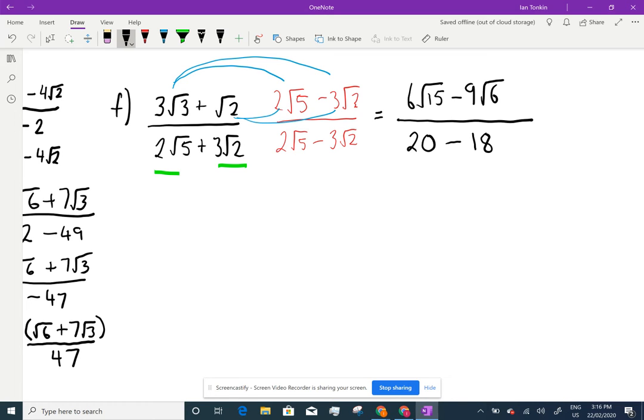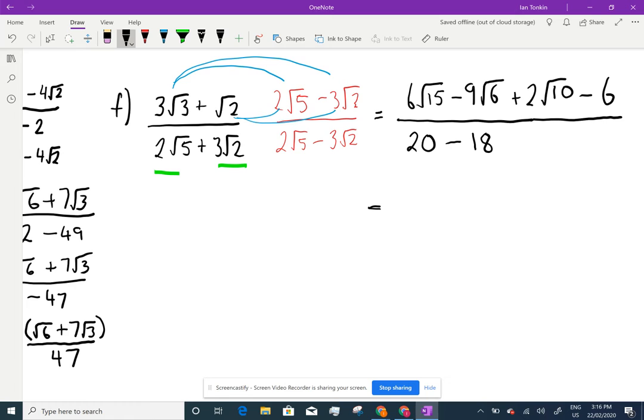The next one, 2. So I've got a plus 2, and root 5 times root 2 is root 10. And the last one, root 2 times root 2 is 2, times 3, I'll get 6.